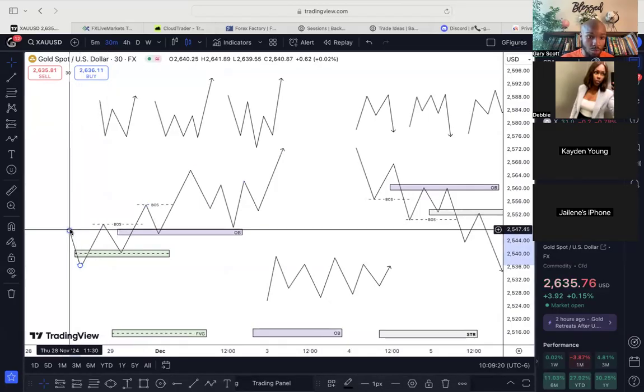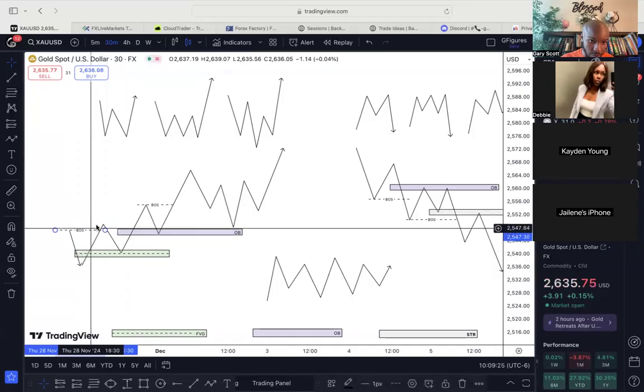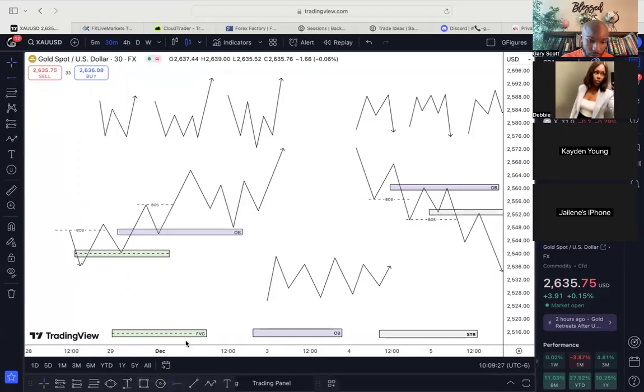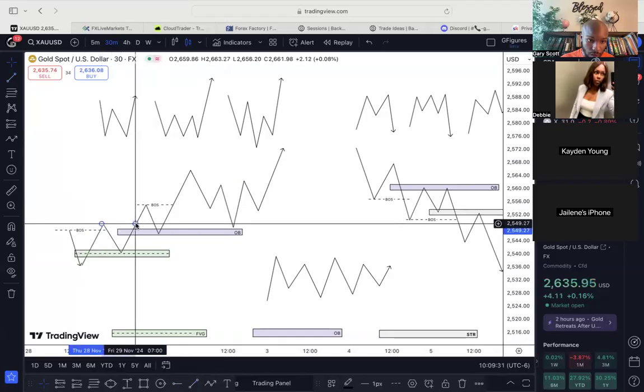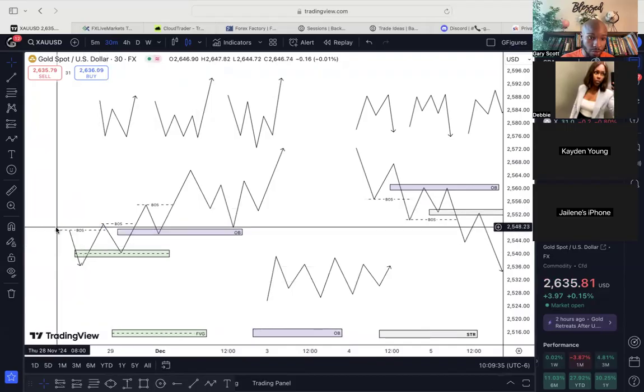The moment that price breaks this lower high, let's put it into perspective, you have your breaker structure. Let me write this down again. So, boom, you have your breaker structure.